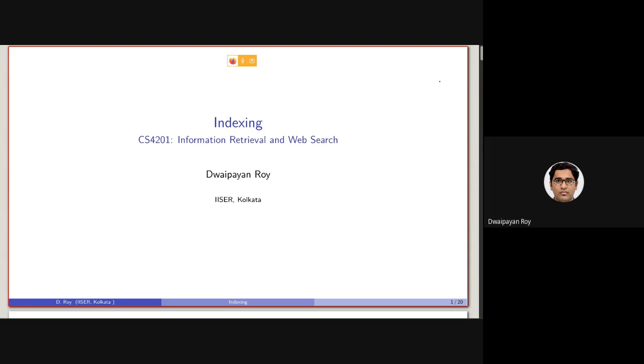Okay, so today's discussion will be on the first part of the information retrieval system, that is indexing.